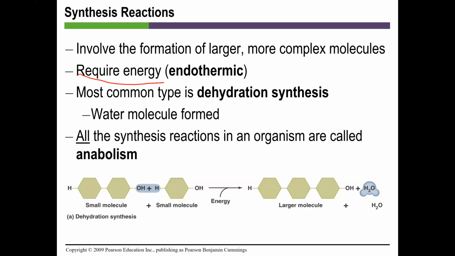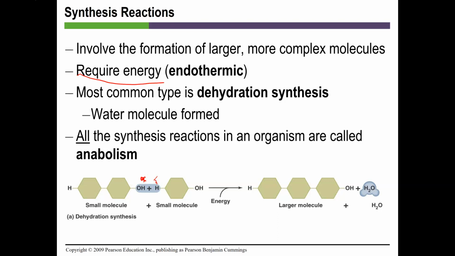If you look at the bottom here, you'll see that we have some shapes that are representing some small molecules, some subunit type of component, and we're going to join them together. When we join them, there's going to be a hydroxyl, this little OH right here at the end of the small molecule, and a hydrogen on the other that are going to be removed to combine.